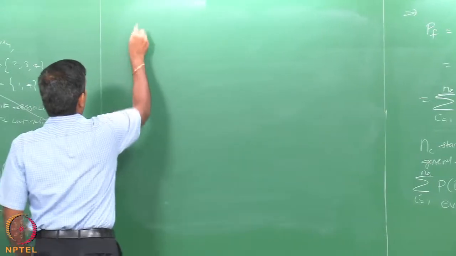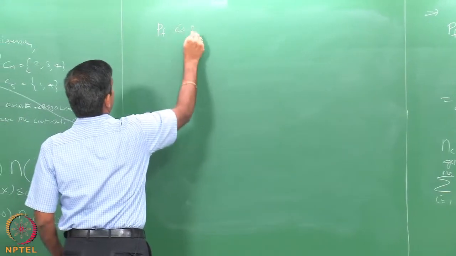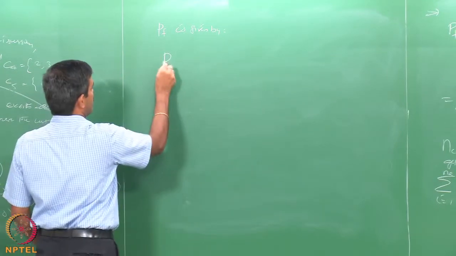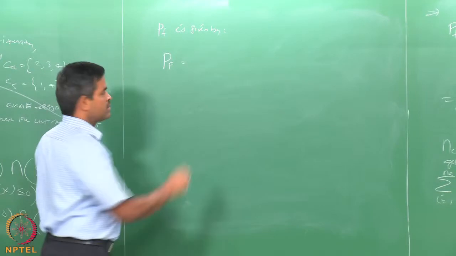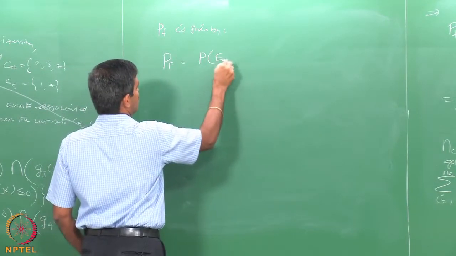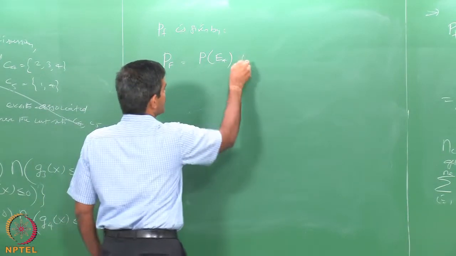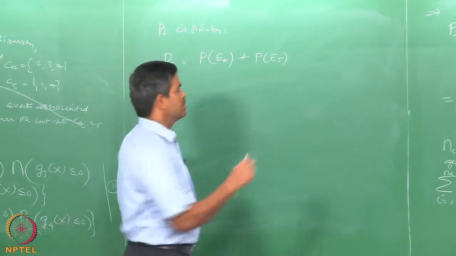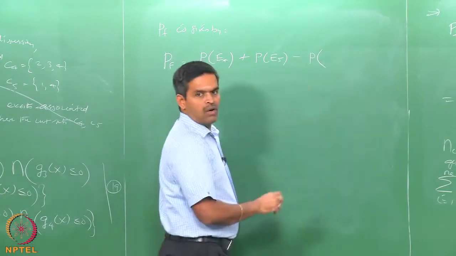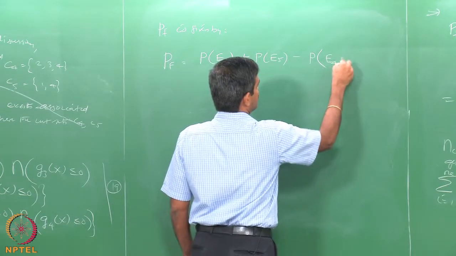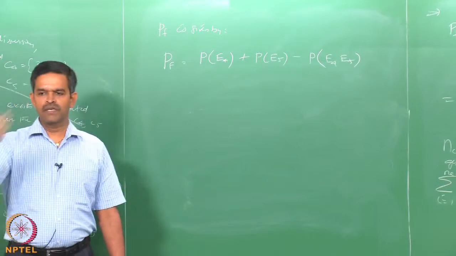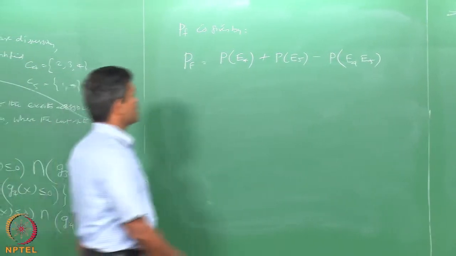Therefore, probability of failure is given by P of E4 plus P of E5, because these are the two events from the cut sets, minus P of E4 E5, which is essentially derived based on the rules of probability we studied in the first module. Call equation number 20.